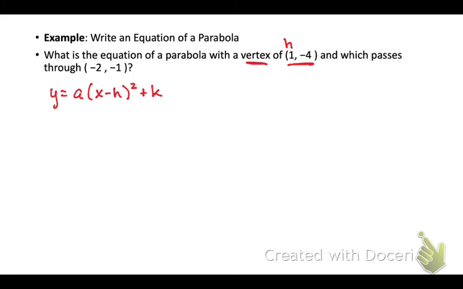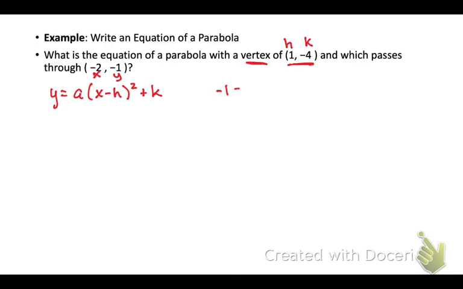K. So -2 and -1 are X and Y. So I now have H, K, X, and Y, and in this equation I have Y, A, H, X, and K. So I have 4 out of the 5 variables. Can I solve for the other one? Yep.